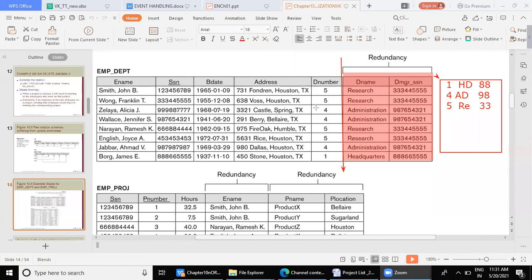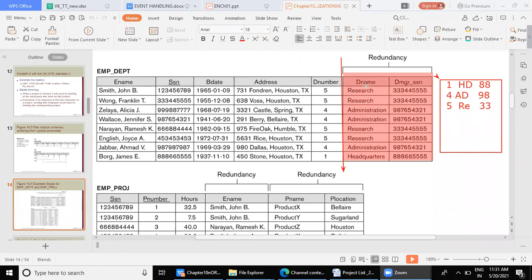Even if I had asked who the employees working in department number 4 are, you could have told these names as well. So this is how a database management system tells you to store the data in separate tables. Because of this arrangement, what advantage have we got? Can you understand now?